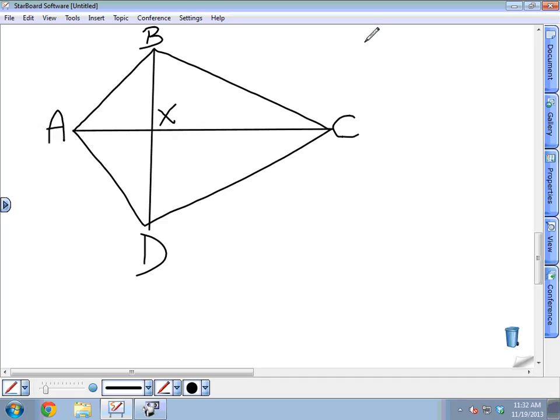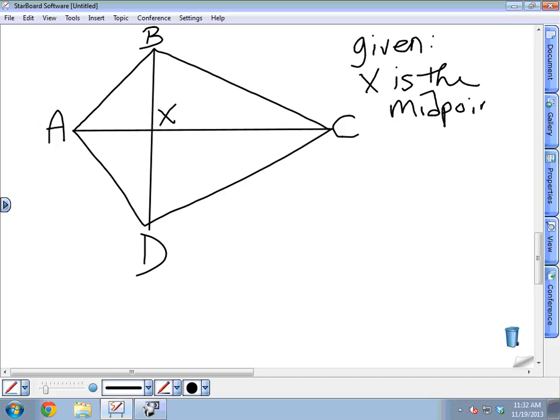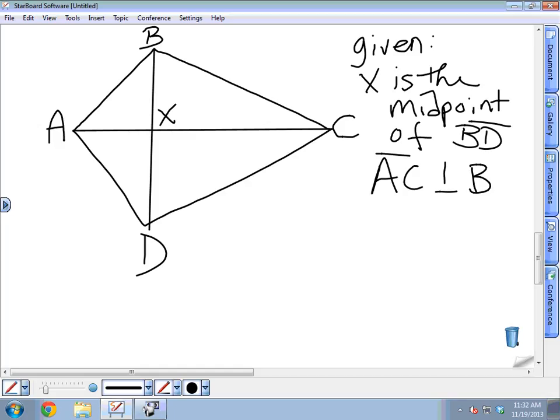And let's get some given information, right? X is the midpoint of BD. AC is perpendicular to BD.